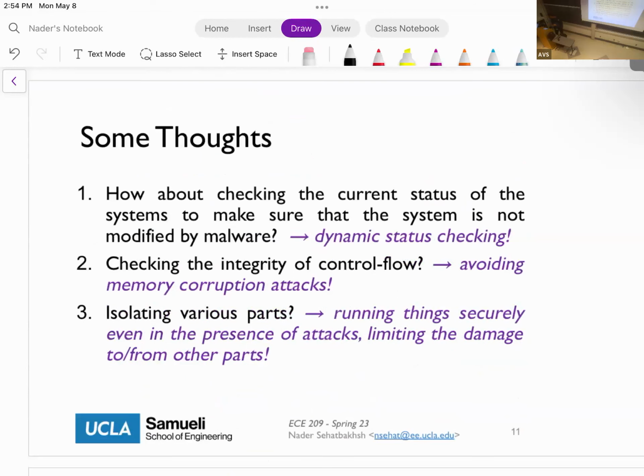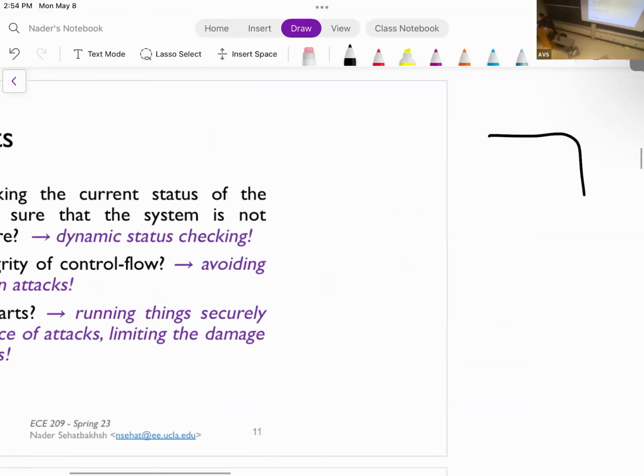Okay, so that helps us to completely avoid memory corruption. And finally, can we actually isolate processes and systems from each other? Why? Because of two reasons. One is if the system is compromised, and I have some part that is isolated from the rest of the system, maybe I can still protect this from a compromised system.